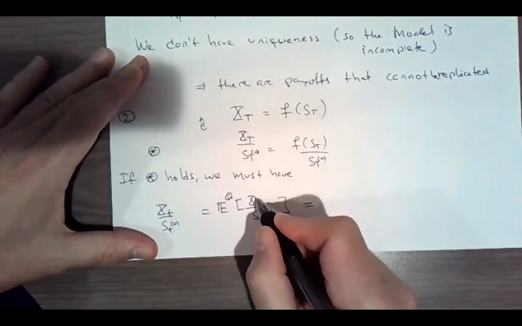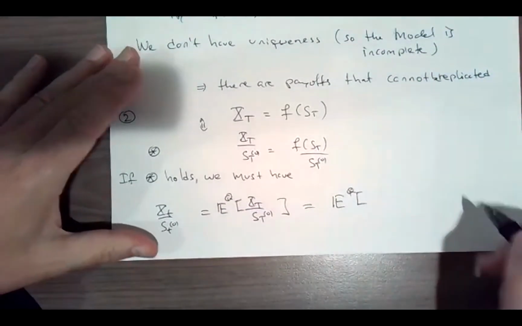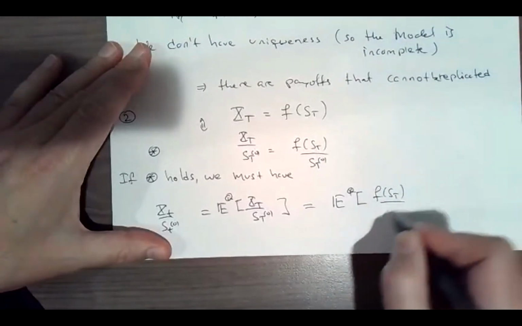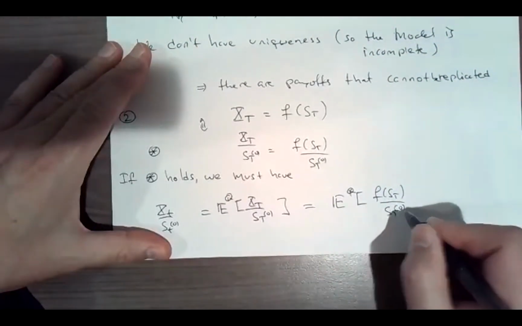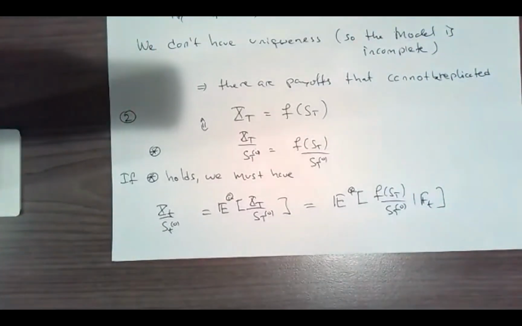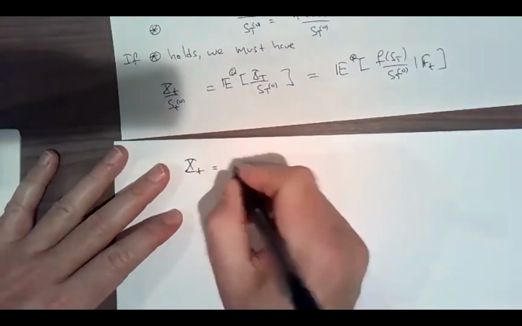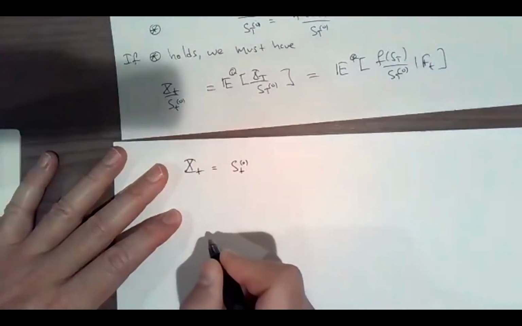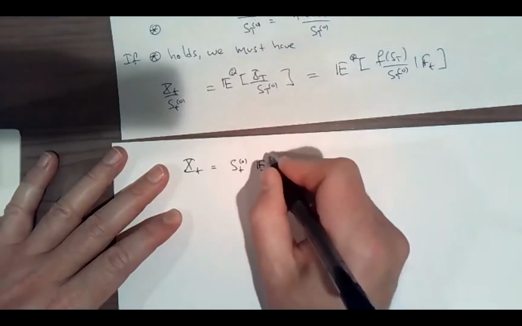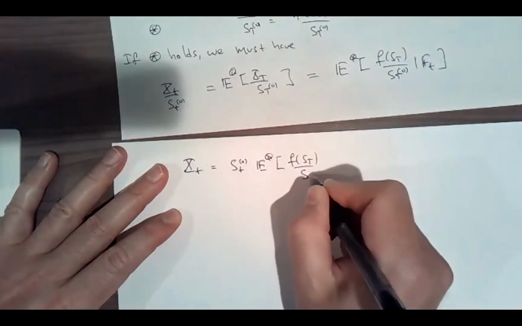On the other hand, if this is true, then you get a formula for xt. So if it is to work, there's only one choice. X of t must be given by st0 times the conditional expectation of f of st divided by st0.